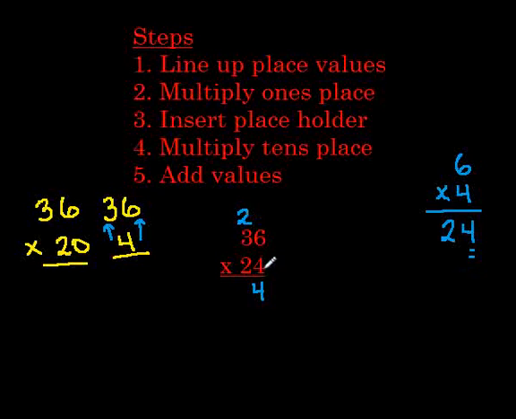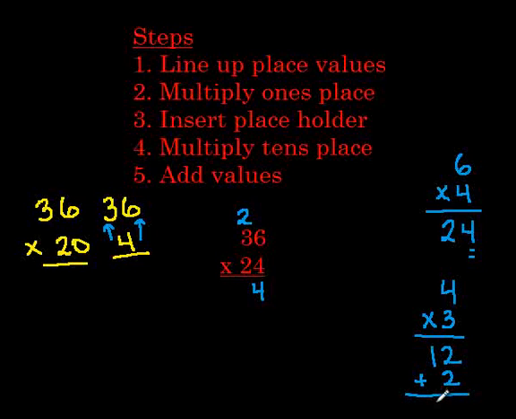And now I'm going to multiply the 4 times the 3 here. So 4 times 3 is the same thing as 3 times 4. And 4 times 3 is 12. But because I carried the 2 over into that place value, I need to add it to the 12.